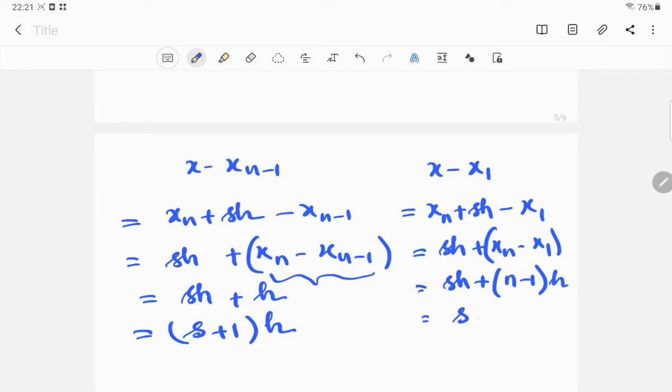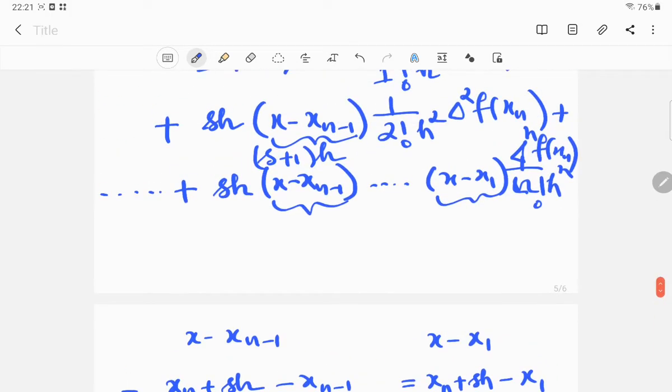So s plus n minus 1 into h. In this case, here we have 1h, here we have 1h, and in this way we will have nh's. So here also we have nh, so they will get cancelled.